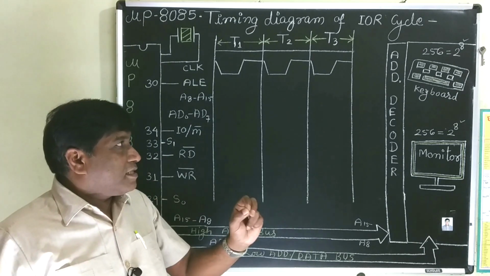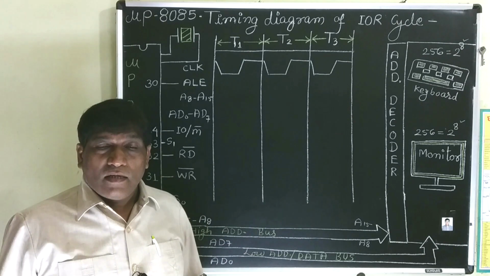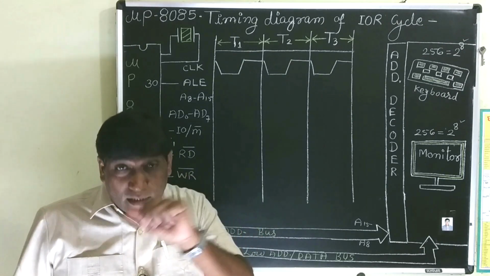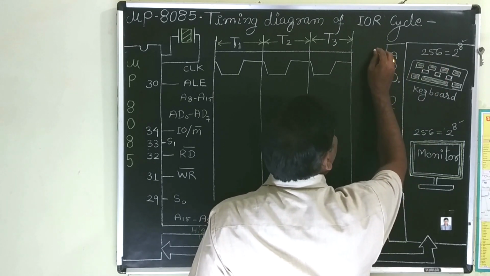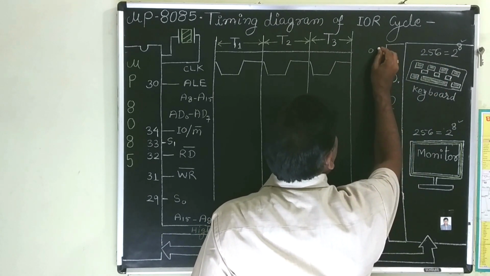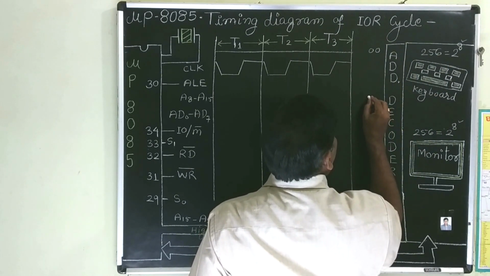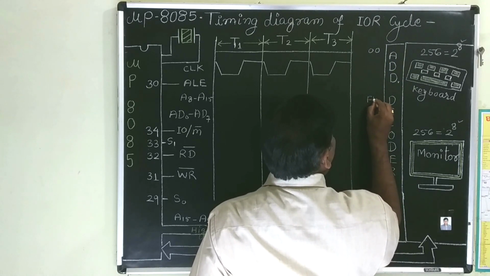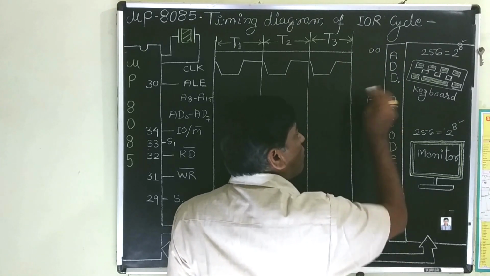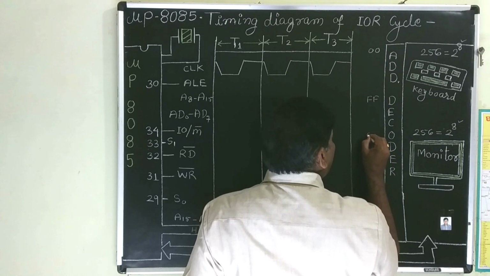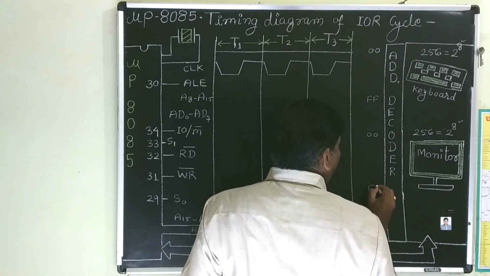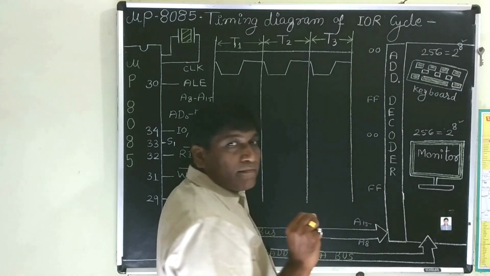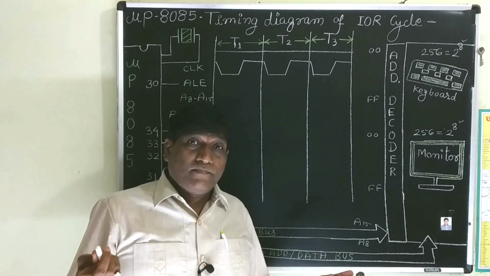The address of the IO, what is it? It is an 8-bit address, so it will be from 00 to FFH for input devices, and similarly from 00 to FFH for the output devices.